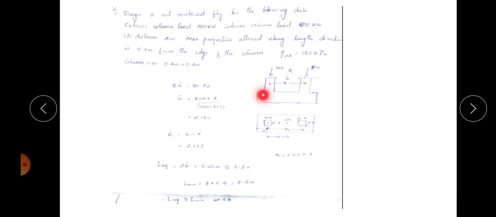So 0.2, half of the column width, plus this projection 0.3, that is 0.5, is x1. Okay, so x1 bar is equal to x1 plus x bar, that is x bar obtained as 2.13, 2.13 plus 0.5, that is 2.633 is x1 bar.